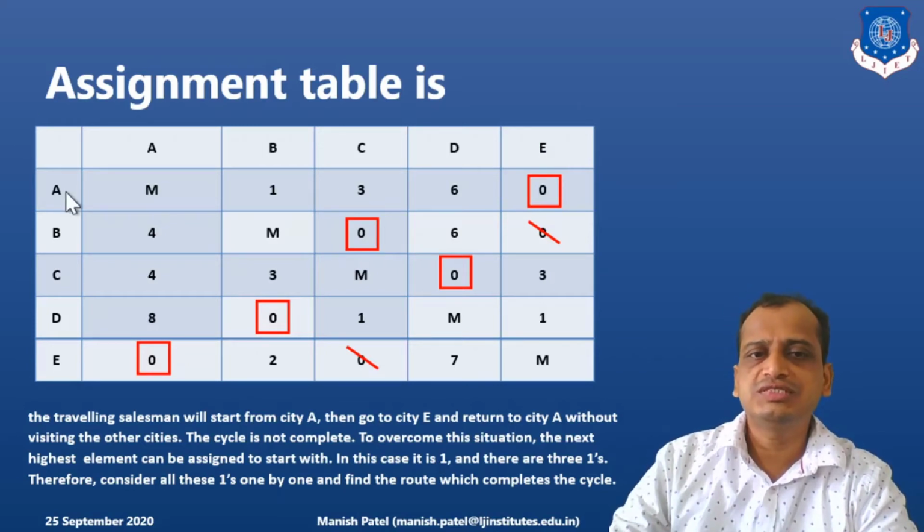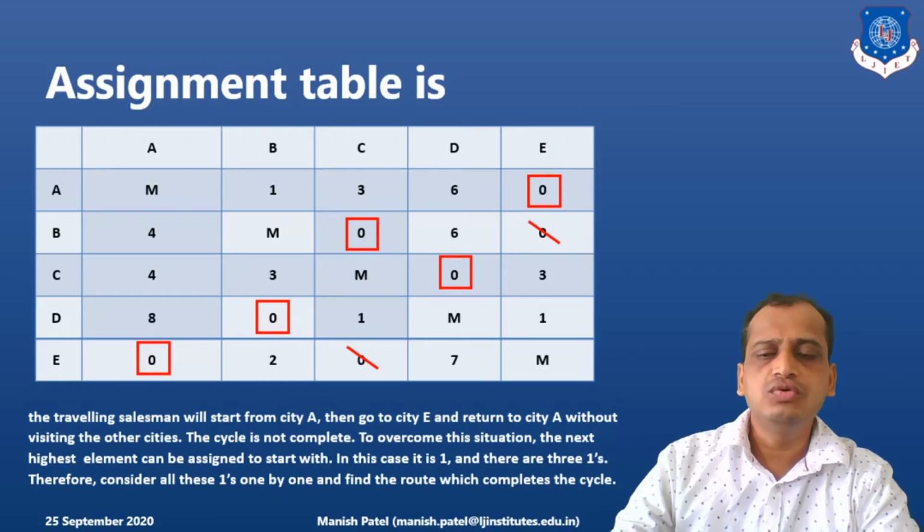If you see the first assignment, from A city the salesman is going to E. And if you see the last row, E, he is coming back to A. What it means is that he is not visiting any other cities, B, C or D. From A to E, and the cycle completes here from E to A. So it should not happen like this. He or she has to visit each and every city once.